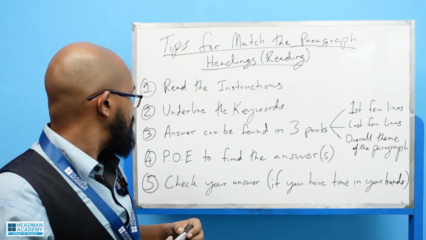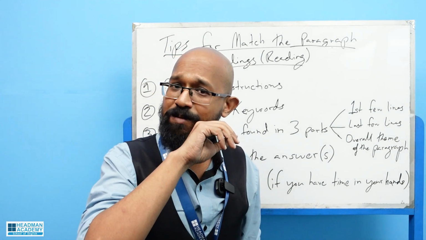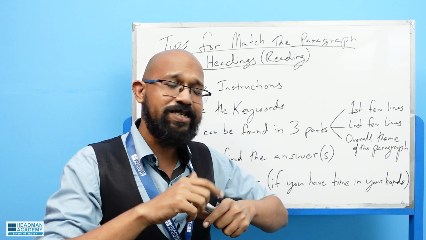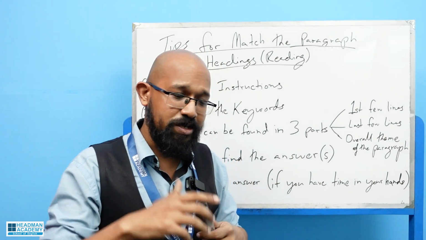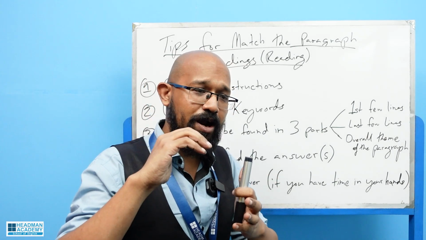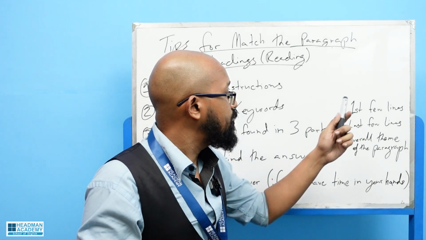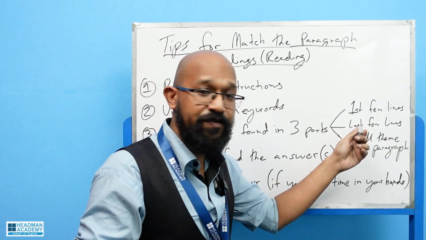Next up, I'd like to talk about where the answers can be found. It actually can be found in three parts. At first, let's say you have 8 questions and 9 questions. For each paragraph, you might find the synonyms or the paraphrasing in the first few lines of the paragraph or the last few lines of the paragraph.